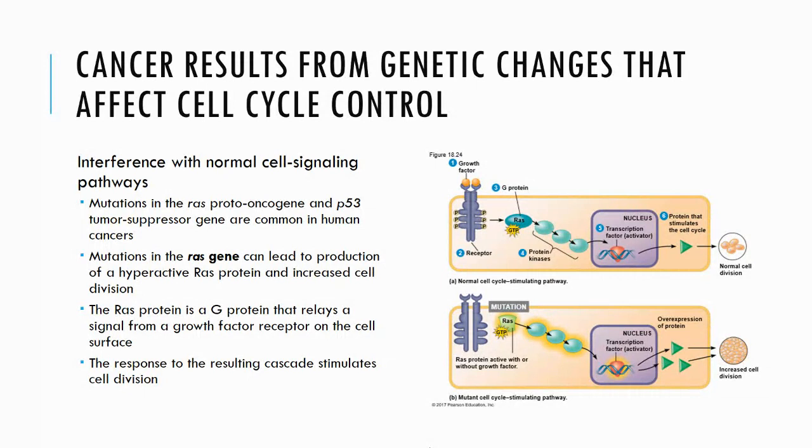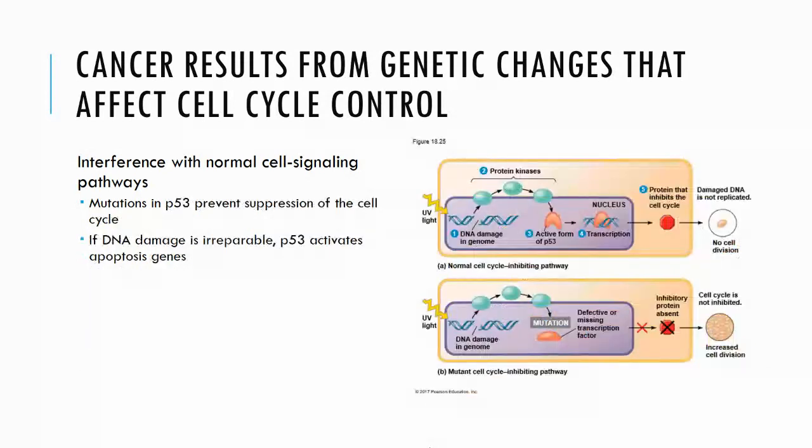So we've got our growth factor and our receptor, and that G protein that's in our protein kinases, and eventually the response is a protein that stimulates the cell cycle. But with a mutation, we have overexpression of that protein and increased cell division. More cell division than needs to happen.